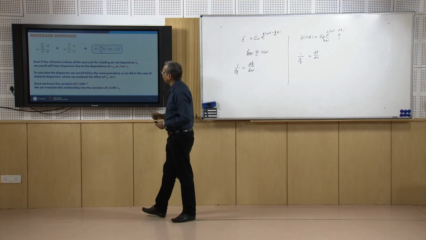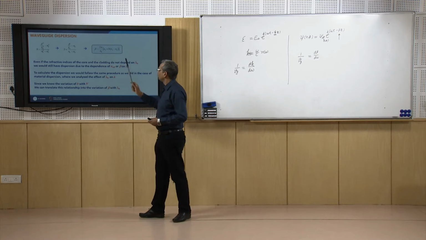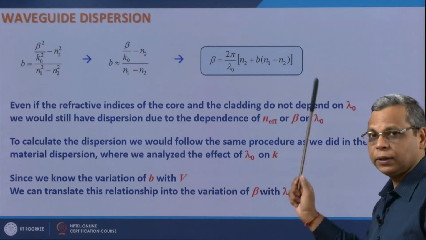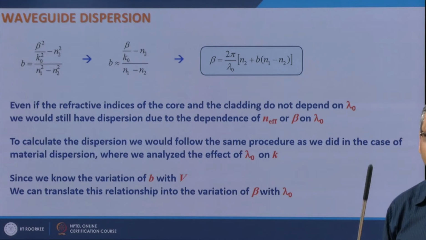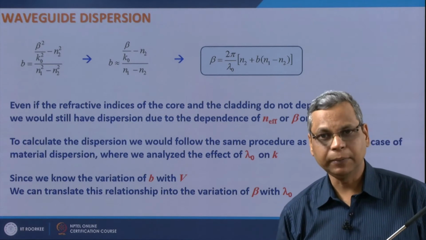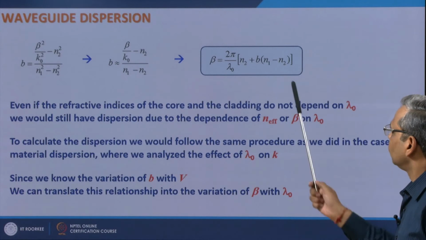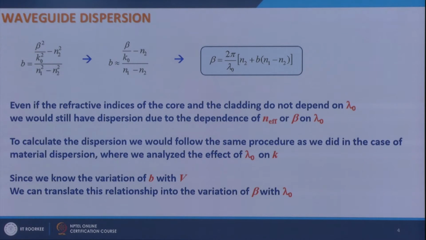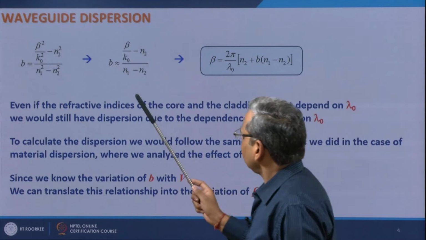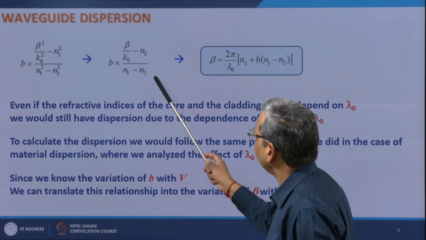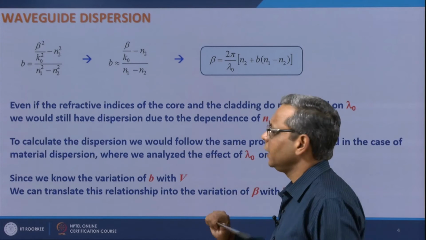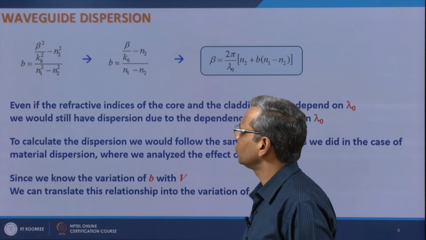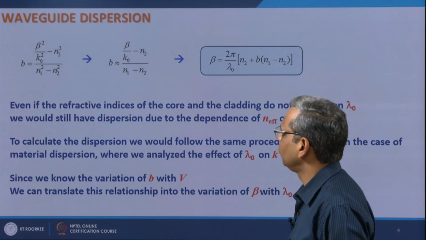So that is why I have written beta in terms of this, and since b depends upon V, which subsequently is a function of lambda or omega, that is how I can now find out d beta over d omega. So if I look at this, I have obtained for a weakly guiding fiber, because b is equal to beta squared over k naught squared minus n2 squared divided by n1 squared minus n2 squared.